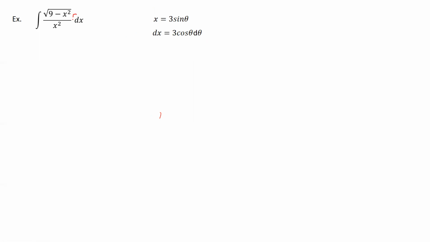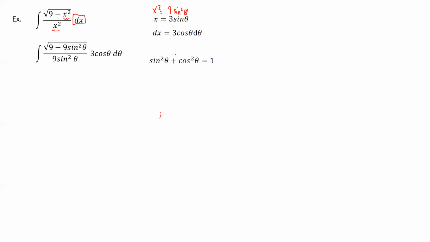That lets us know what to put in here. We have to replace all our x's. So what would x squared equal? If x is 3 sine theta, then x squared is going to be 9 sine squared theta. So replace everything over here. All your x squareds become 9 sine squared. Your dx becomes 3 cos theta d theta.